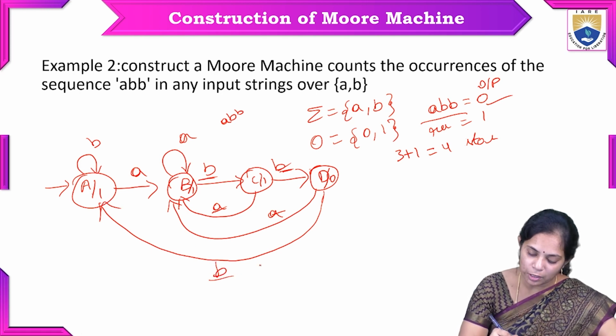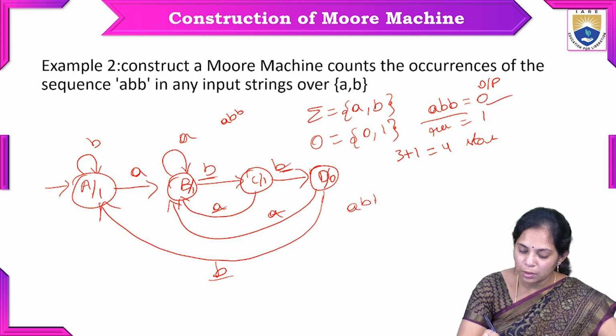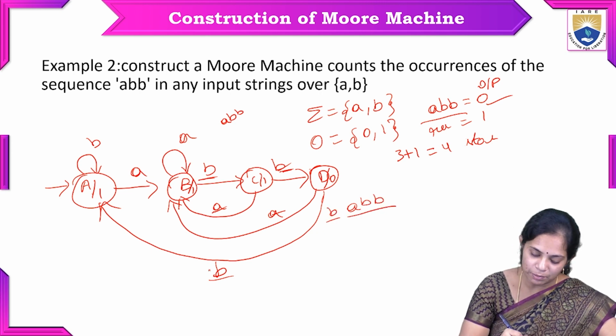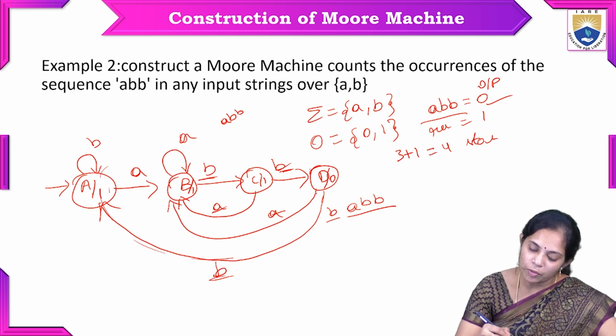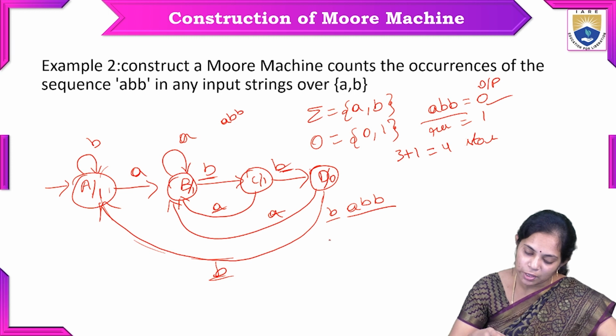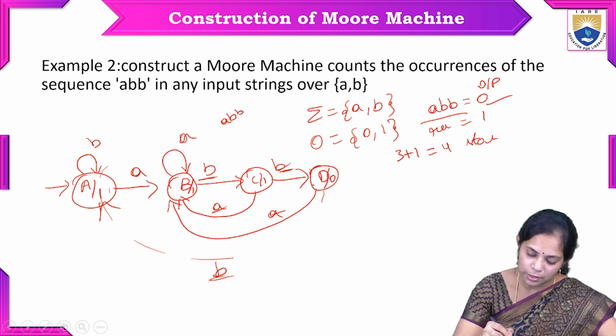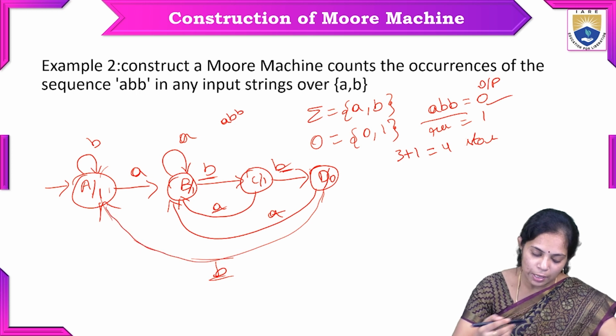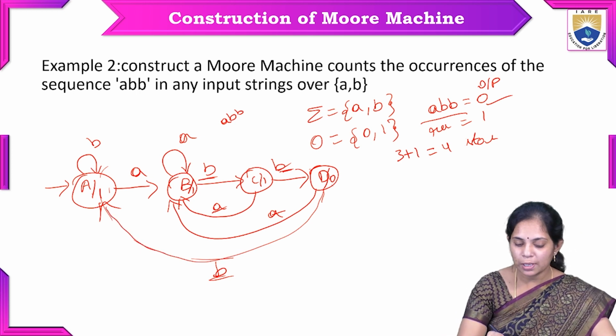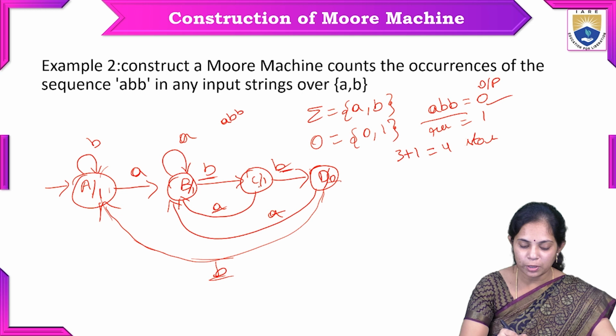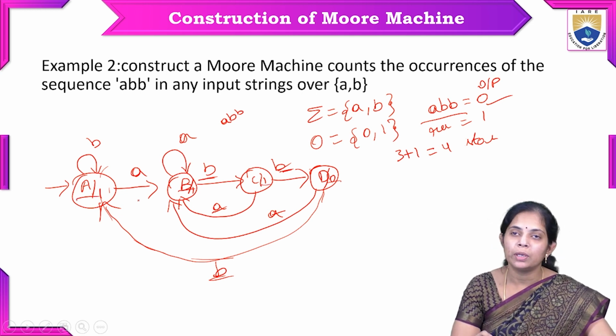Because if you encounter it in the middle, the same sequence is going to be repeated after B, the same state is going to be repeated. Like this we have to construct a DFA for this one, and if you give the output from the states, it will be converted to a Mealy machine.